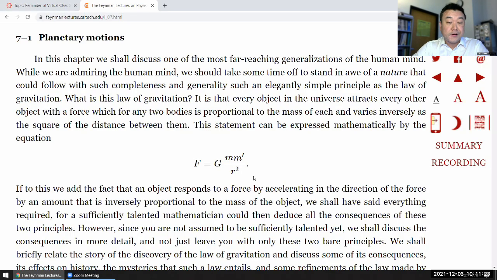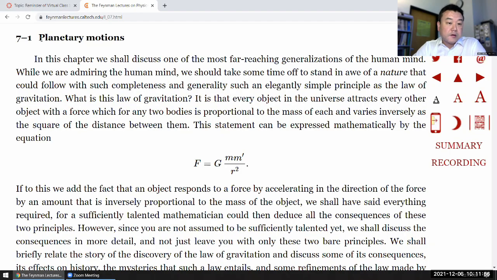Now, there's a story of getting to this law, because we modern folks have the advantage of standing on the shoulders of giants, benefiting from all the work that has been done, all the observations that have been made. So we have the luxury of starting from this law if we wanted to. And in this and the next couple sections is where Feynman tells the story of getting to this law.